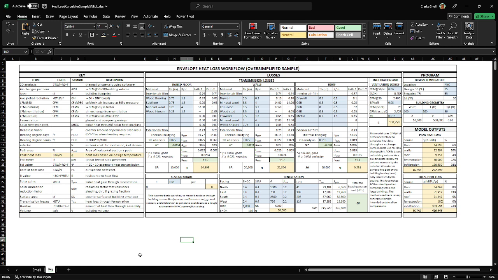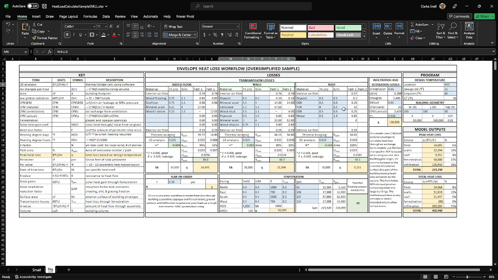Okay, so peak heat loss, or heat loss in general in a building, is the result of losses, right? And we have transmission losses through opaque envelope surfaces. So we have floor, walls, and roof. Of course, this could get very complicated because we could have a bunch of different walls, and different types of floors and roofs. I've simplified it here, just one for each.